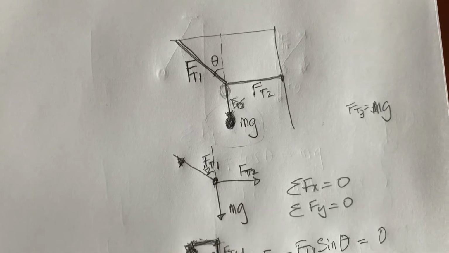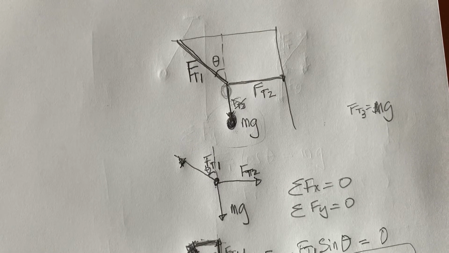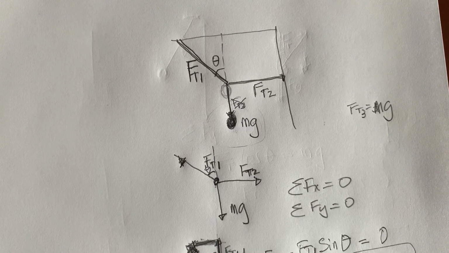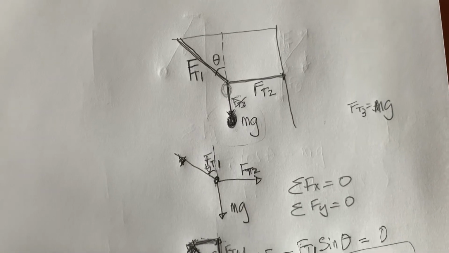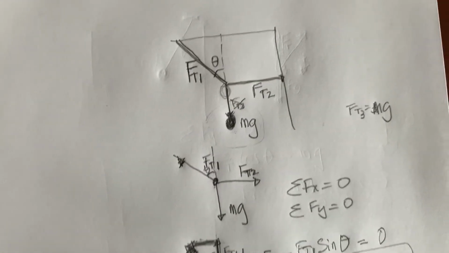Now I have two equations and two unknowns. And so I could easily substitute one to find the other. I would say that FT1 is equal to mg over cosine of theta.